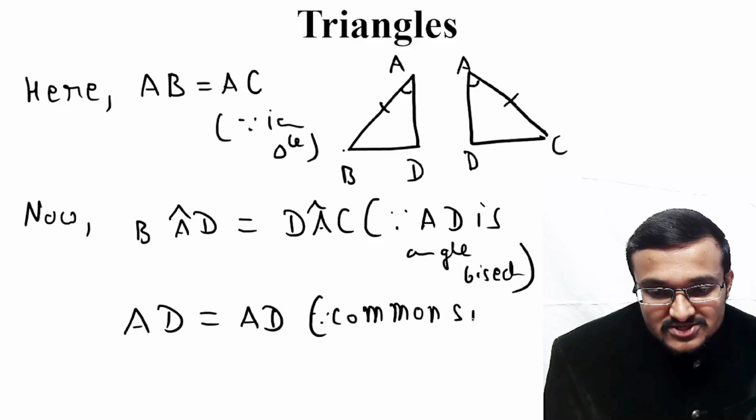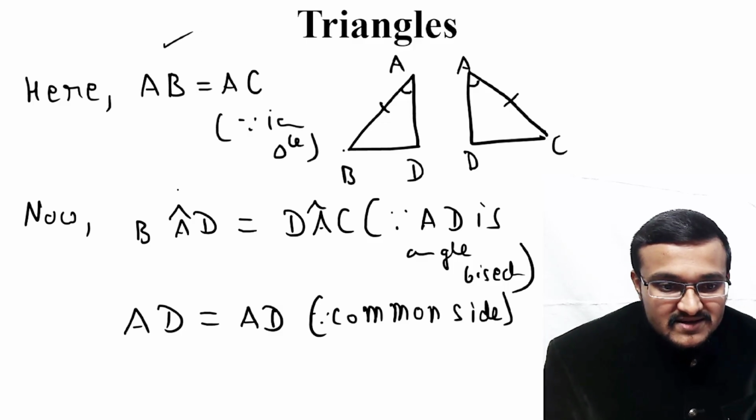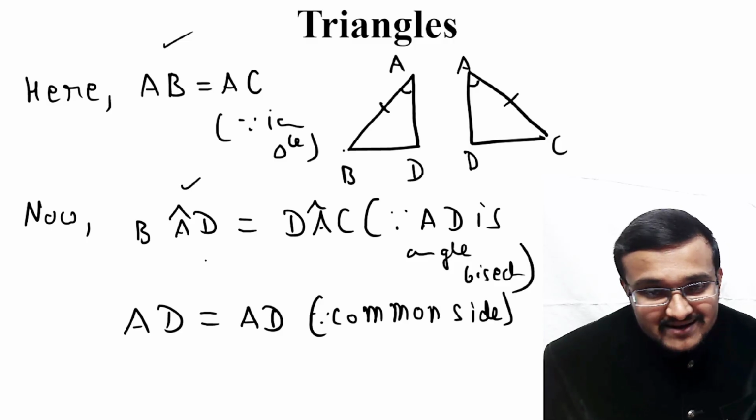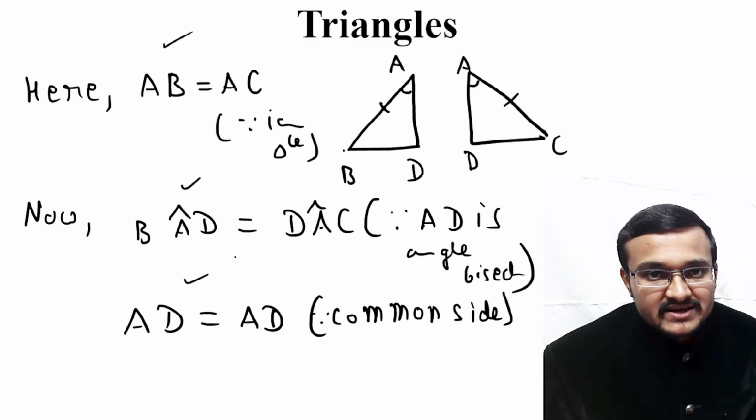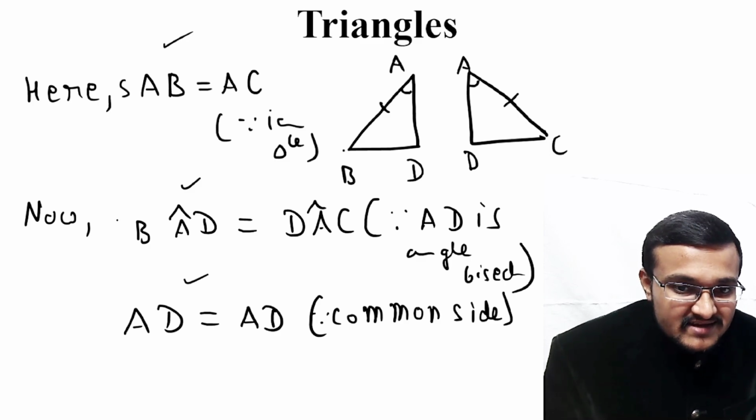So AD is common side, so AD is equal to AD. So AB is equal to AC, angle BAD is equal to angle DAC, AD is equal to AD. So now here you are getting side, angle, side.